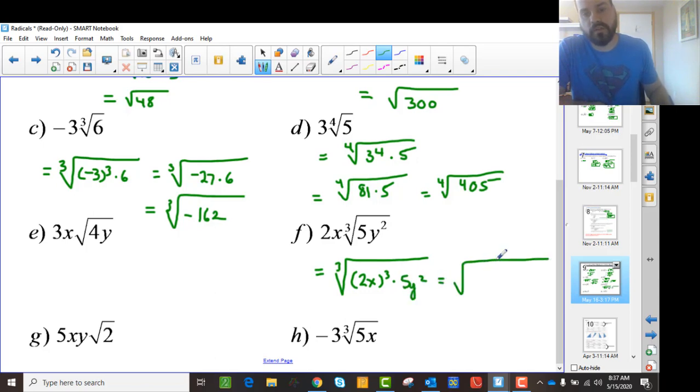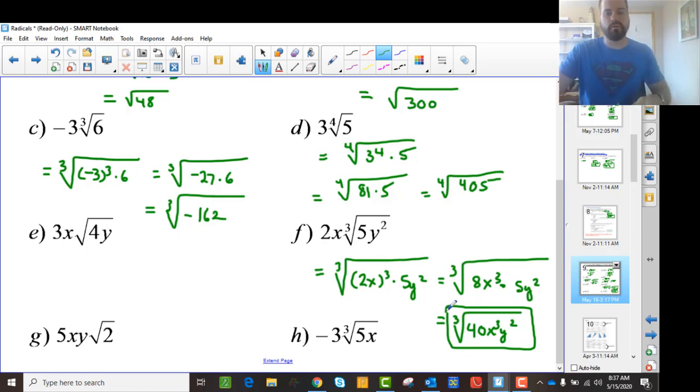And then that becomes the cube root of 2 cubed is 8. So we get 8x cubed and then times 5y squared. And then that becomes the cube root of 8 times 5 is 40, and it's x cubed y squared. And that's my answer.